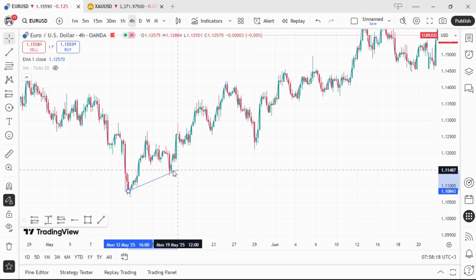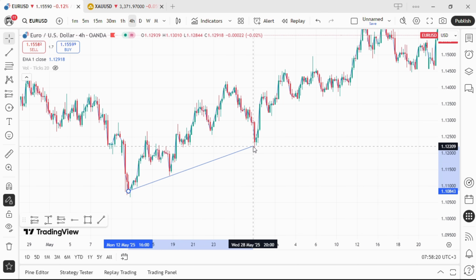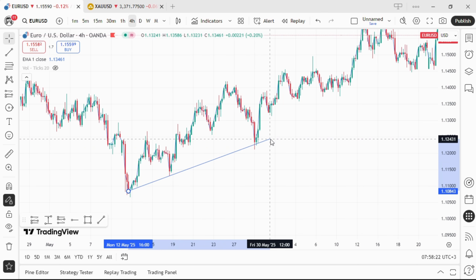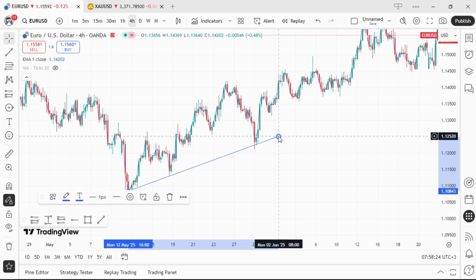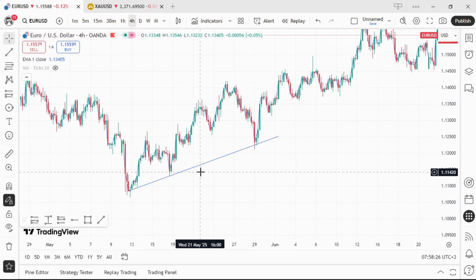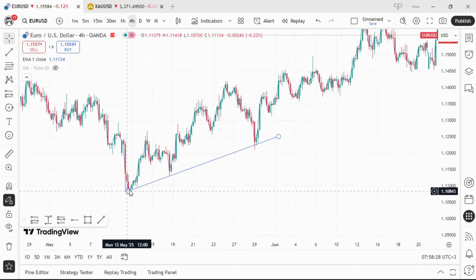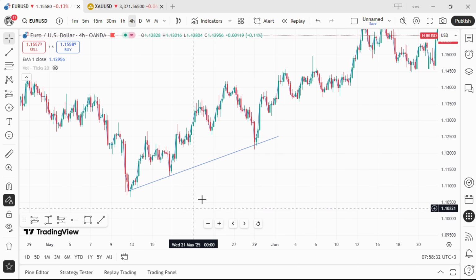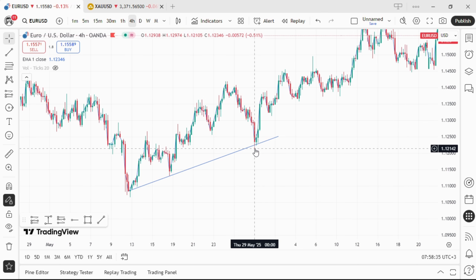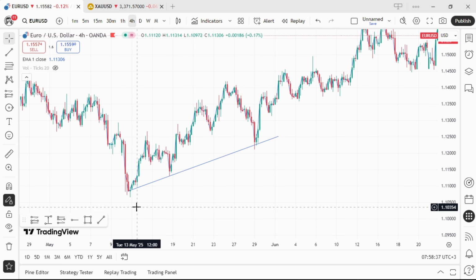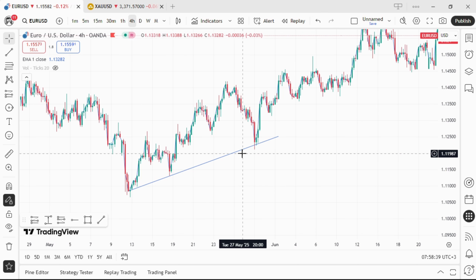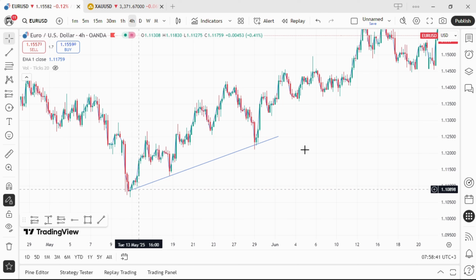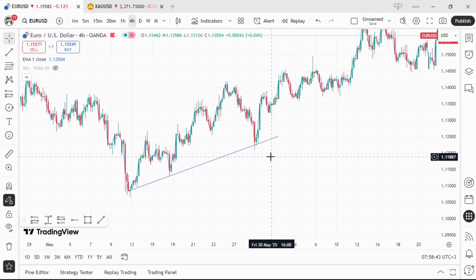I've marked it and pulled it there. What I told you earlier was: first touch, this is our first touch, second touch, and on the third touch you take your trade. And as you can see, on the third touch, the market bought. This type of trend line is for buying. The market is generally going up, so you draw it down to get the next retracement point where you can buy from.